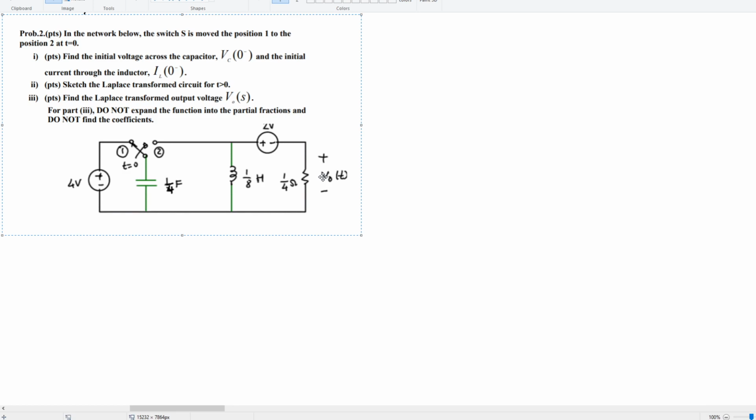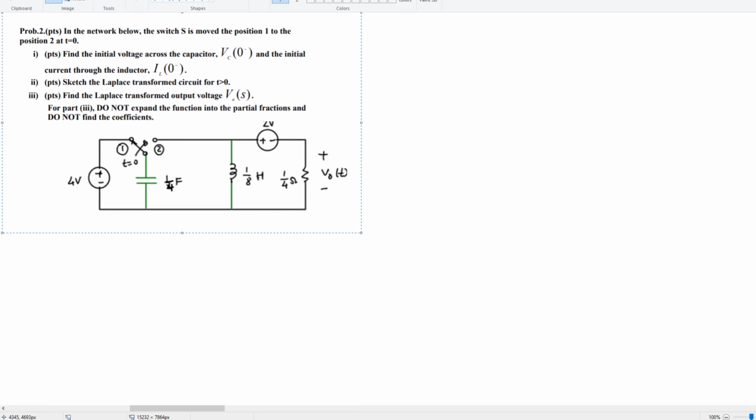Problem 2. In the network below, the switch S is moved from position 1 to position 2 at t equals 0. All right, so we're going to find VC(0-) and IL(0-). This first part, I'm going to tell you, is very easy.